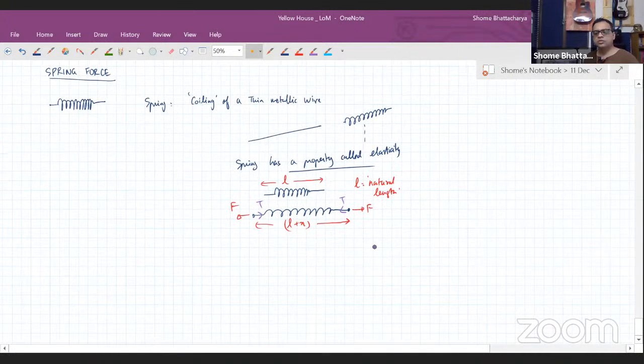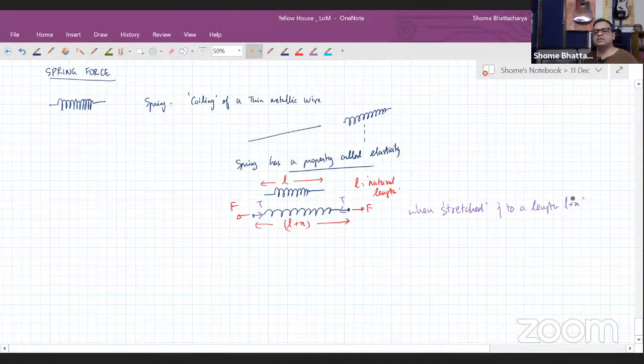So when stretched to a length L plus X, the spring develops a tension, or it is also called restorative force.